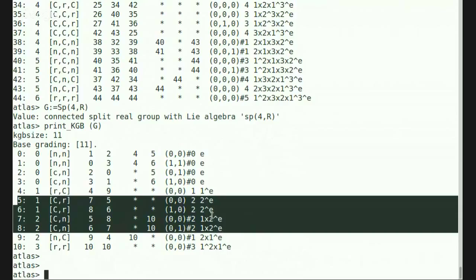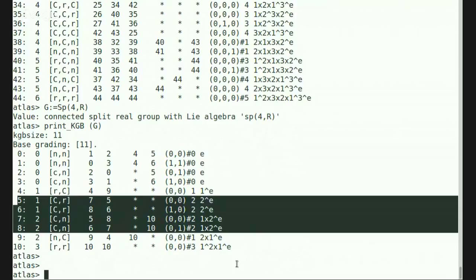By the way, this hat means Cayley transform, which is to say you just multiply on the left. So this 1 hat is really the Weil group element s1, and this means s2. On the other hand, a cross means conjugation. So this is the Weil group element 1, 2, 1. That's because you multiply by 2 and then you conjugate by 1, and so on and so forth.